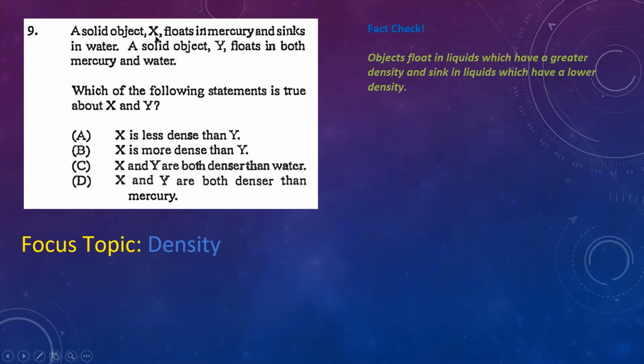So therefore, if X floats in mercury but sinks in water, it means that X is less dense than mercury but more dense than water. Y floats in both mercury and water, which means that Y is less dense than water, and therefore X has to be more dense than Y. And so your answer should be B.